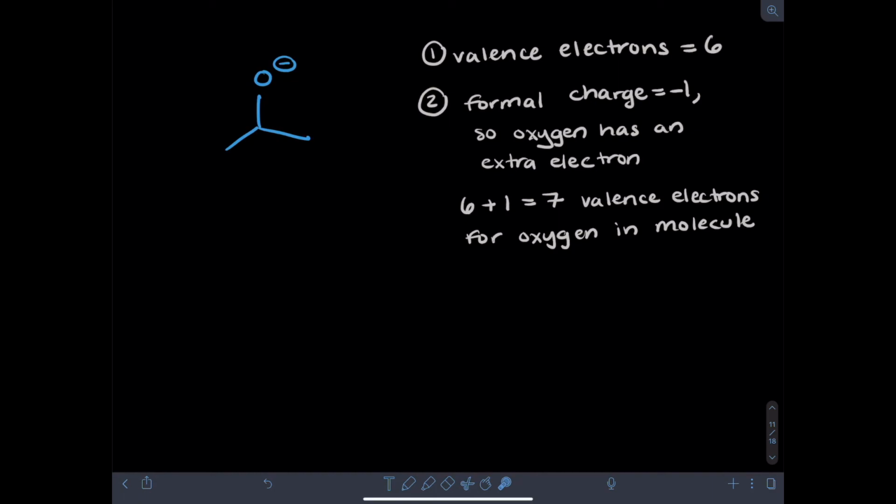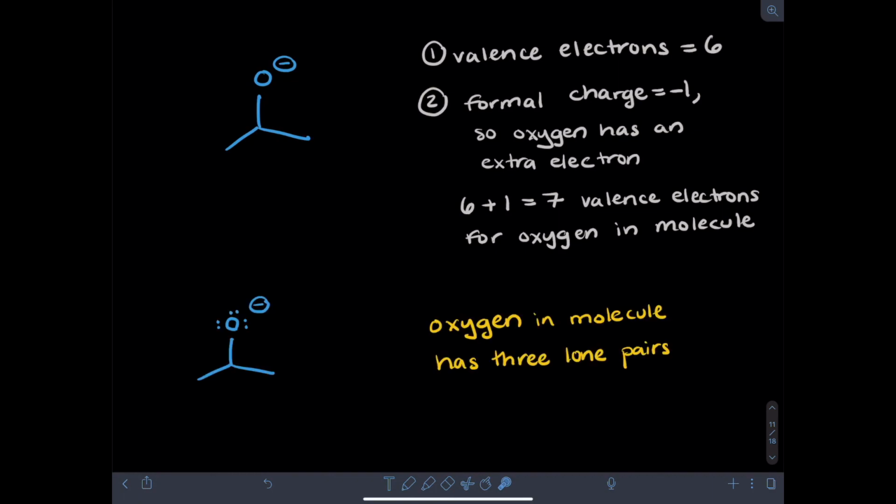So in this molecule, the oxygen has 7 valence electrons. The oxygen uses 1 electron to form a bond to carbon, but then it has 6 electrons left over in this molecule. Those electrons will pair up into 3 lone pairs around this negatively charged oxygen.